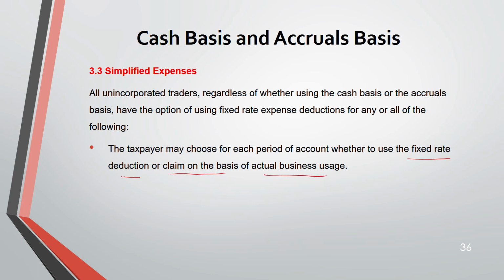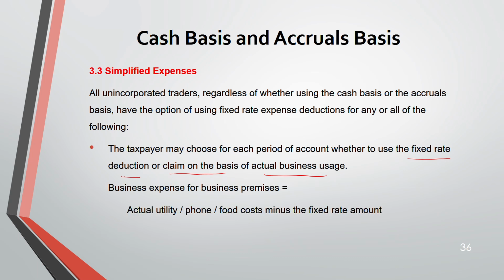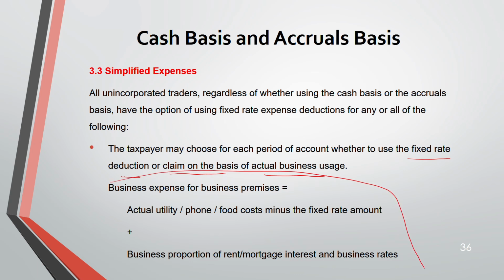There is a choice. So the business expense for business premises equals your actual utility, phone, food cost minus the fixed rate amount, plus the business proportion of rent, mortgage interest and business rates. Make sure that you remember this equation as well.